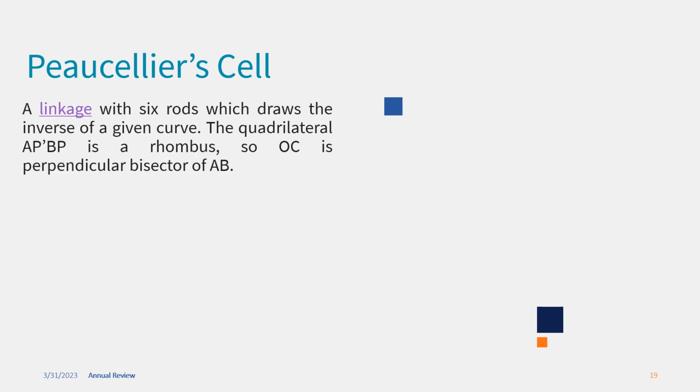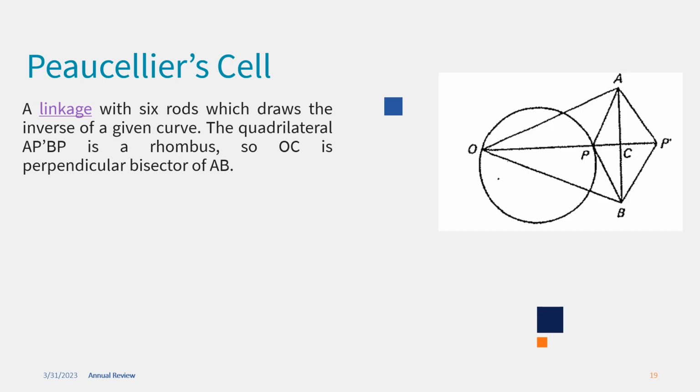A linkage with six rods which draws the inverse of a given curve. Let's illustrate. This quadrilateral A, P prime, B, and P is a rhombus, so the distances AP prime, P prime B, BP, and AP are congruent.